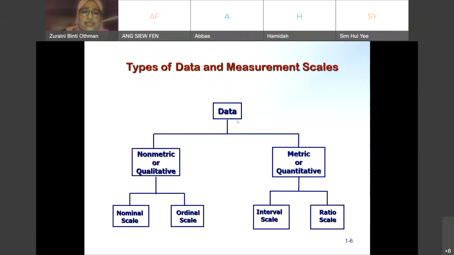For example, the type of data will be non-metric or qualitative. The other type is metric or quantitative. Non-metric is like nominal scale, ordinal scale, and metric, which is quantitative, is interval scale, ratio scale.